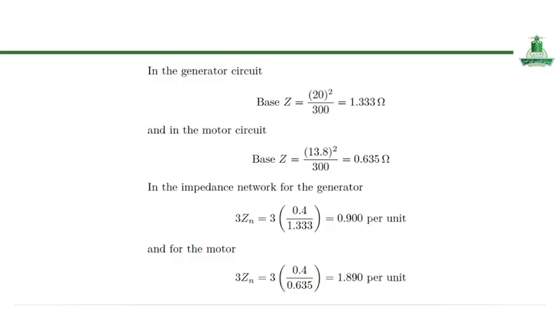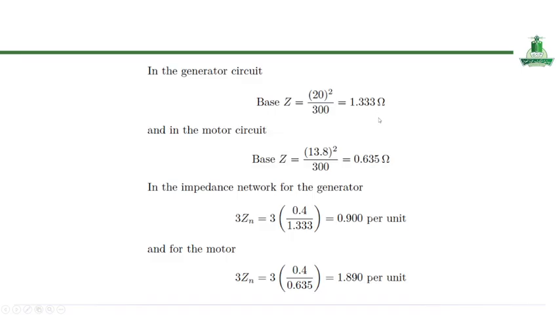All right, this slide explains how base impedance values are calculated for both the generator and motor circuits, and how these are then used to express the neutral grounding impedance in per unit form. In the generator circuit, the base impedance is determined using the relationship Z base equal to V squared over 3S, which gives a value of 1.333 ohm.